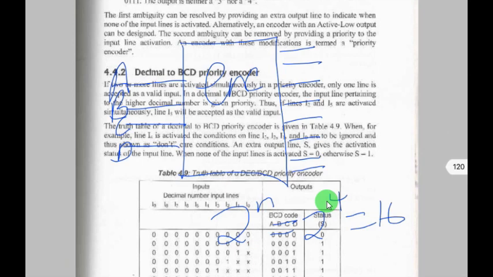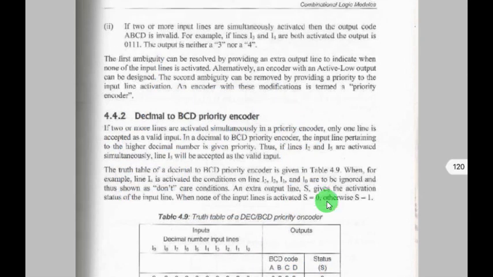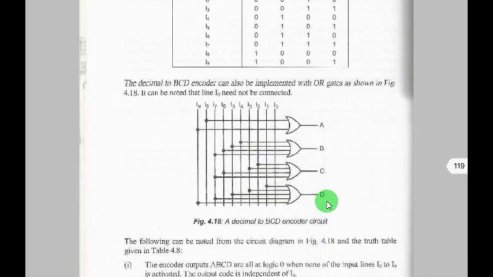So if we activate A, wait a minute, I will redo that statement. The correct form of an encoder is this one.